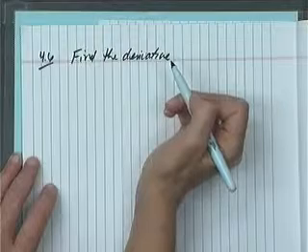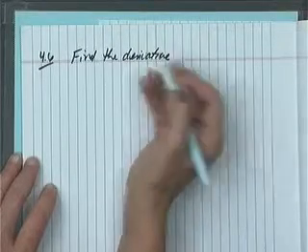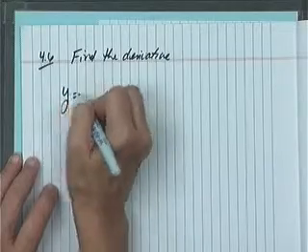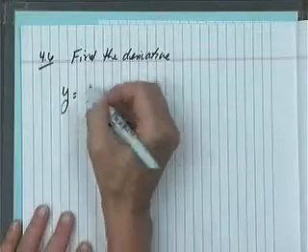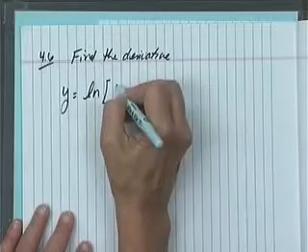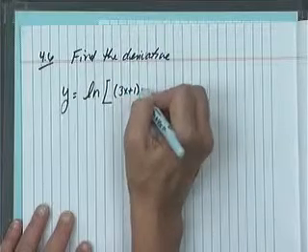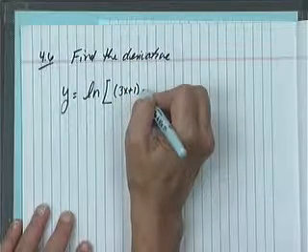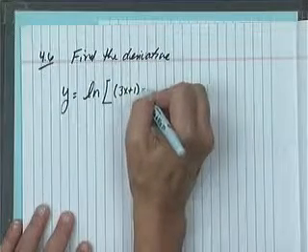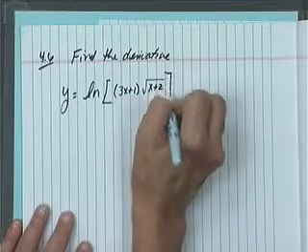And we want to think efficiently and effectively. All right? And my first example is this. y is equal to the natural log of (3x plus 1 times the square root of x plus 2).